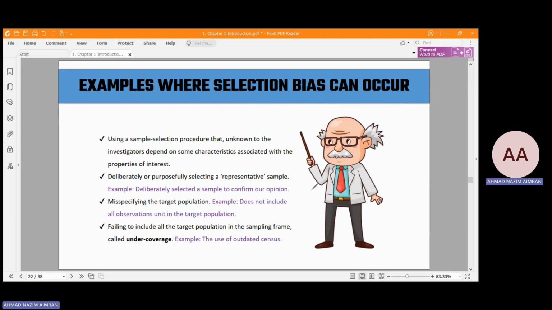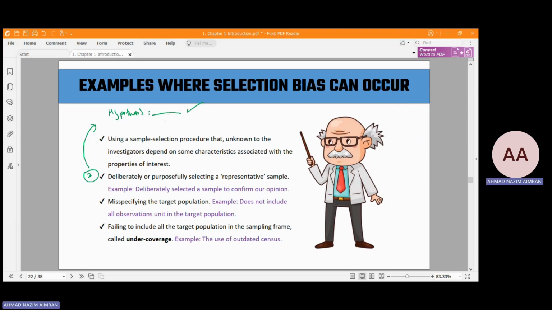And the second one is deliberately or purposefully selecting a representative sample. Okay, some researchers do not implement ethics in their research, and let's say they have come up with a hypothesis, and what they want to do is make sure that the hypothesis that has been stated here is approved.